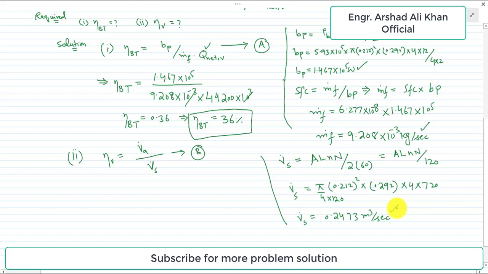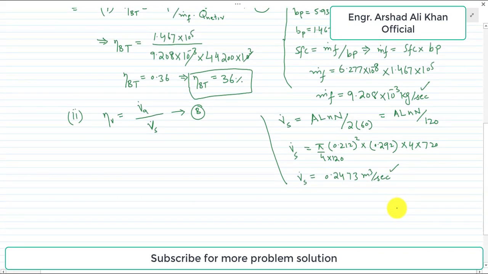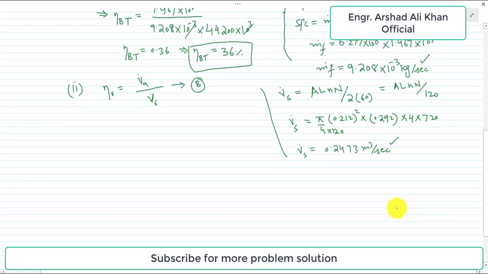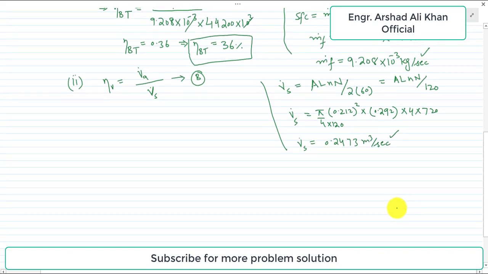Further, to find the value of air flow rate, first of all we will find the mass flow rate of the air. We have air fuel ratio equal to mass flow rate of air divided by mass flow rate of fuel. From this we will find the mass flow rate for air.